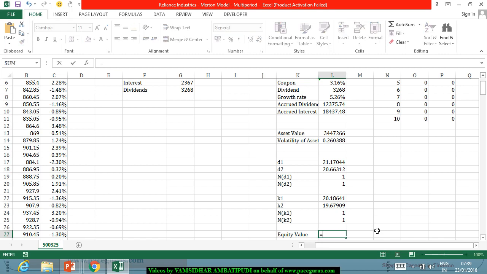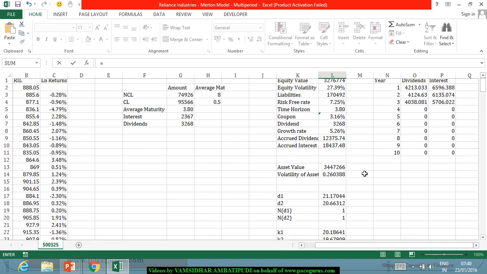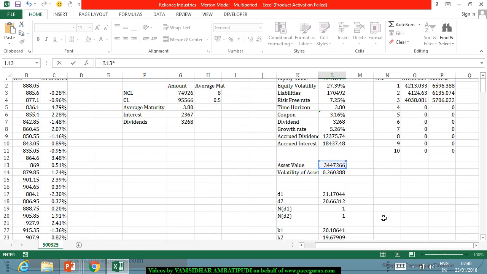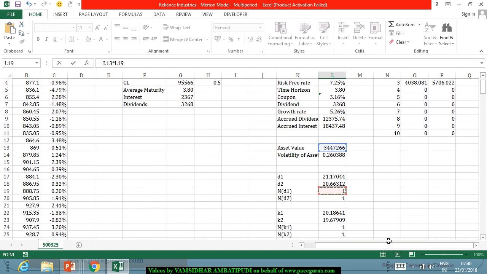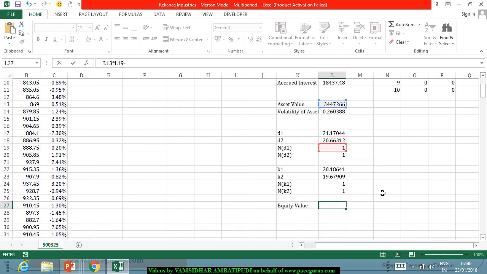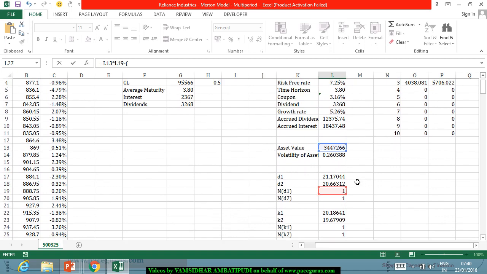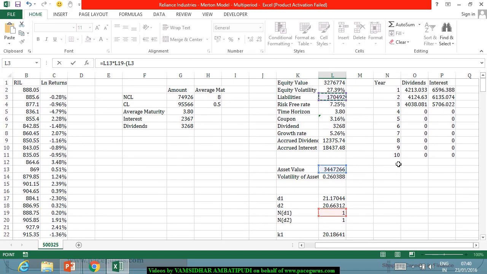Now we already had a formula where we are looking at AT times ND1 minus X by e power rt. In this case my X is the liabilities plus the accrued, all three of them put together.